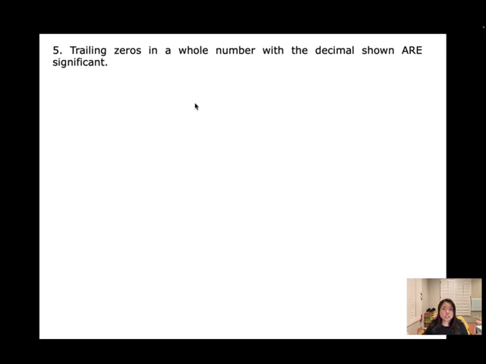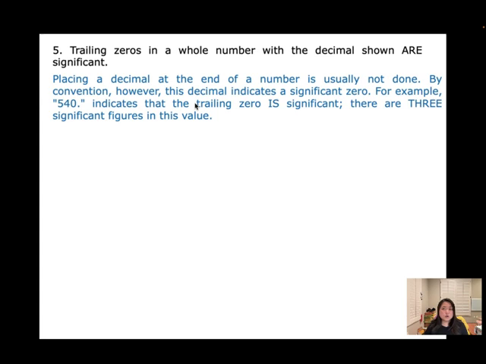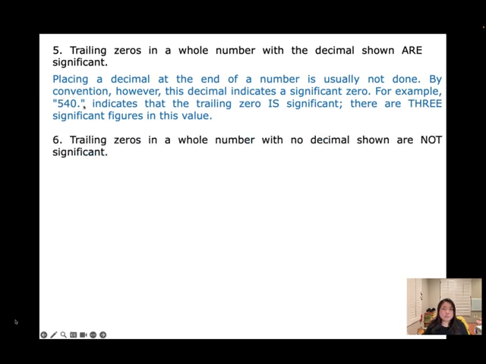Number 5, trailing zeros in a whole number with the decimal shown are significant. Look at this example. When we have 540, if I put the decimal after the whole number, then we consider we have three significant figures. But if I didn't put the decimal point after the whole number, that would be rule number 6.